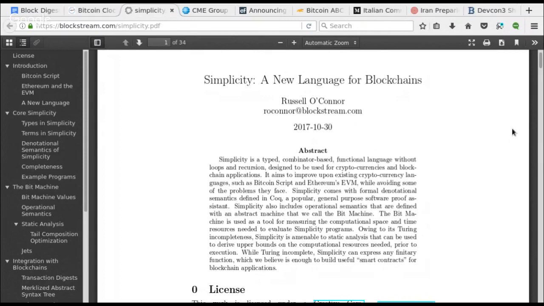Well, Simplicity is a shot at finding a nice middle ground, where you can actually have the building blocks for more complex scripts or programs written on top. They've started with re-implementing a lot of what's available in Bitcoin now, but in a way where you can mathematically prove that this is going to end at a certain point and that there is a finite set of outcomes for running a particular script.